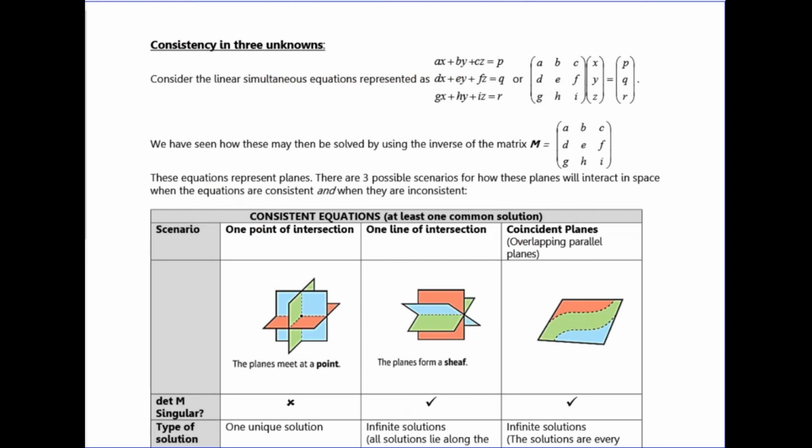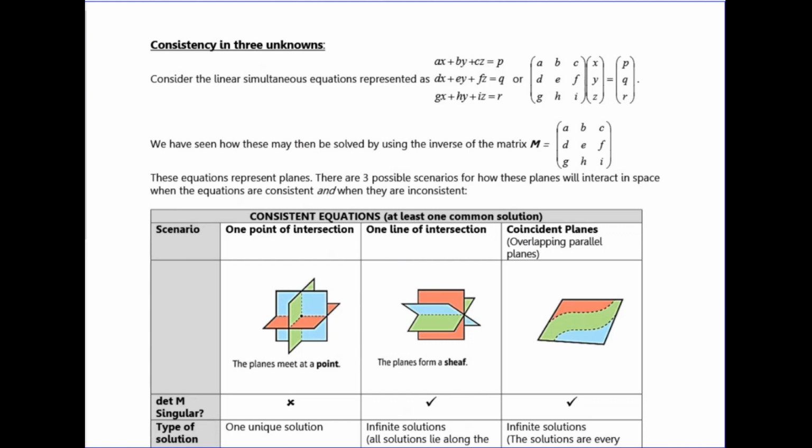Just like how we started with 2 by 2 matrices and went on to 3 by 3 matrices, same thing here. We started with 2 unknowns and now we're on 3. It's more complicated, obviously, when you get into 3 unknowns, but the basic idea is the same. You've got 3 simultaneous equations in 3 unknowns.